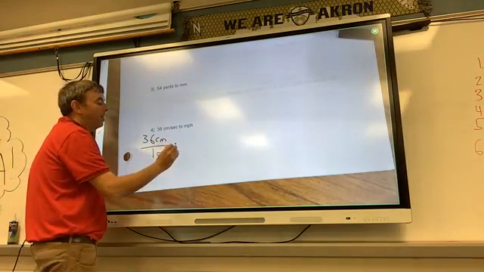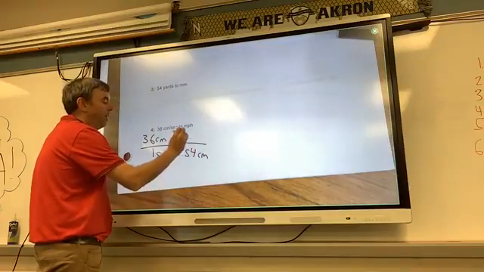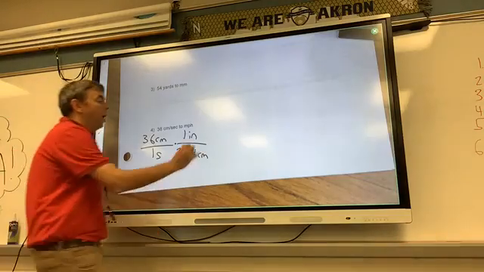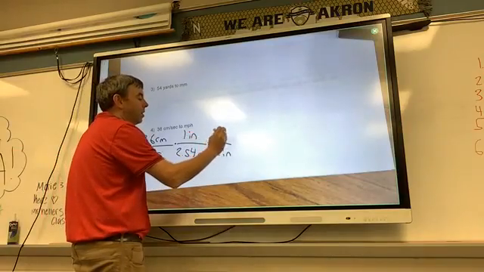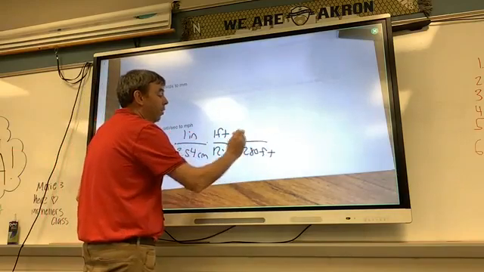I know that there are 2.54 centimeters in 1 inch. Do you guys remember that from yesterday? That is on the yellow sheet. That's the thing I told you to get a tattoo of. Don't really do that. There are 12 inches in 1 foot, and there are 5,280 feet in 1 mile.